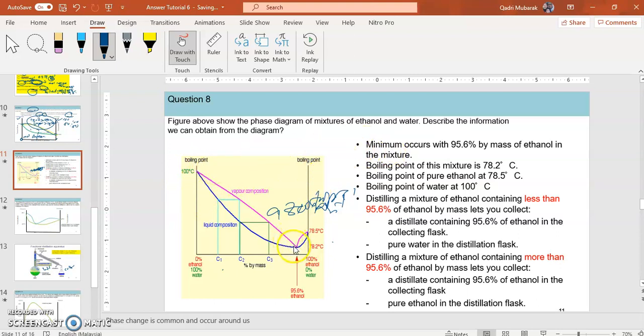The boiling point of this mixture is 78.2, the boiling point of ethanol is 78.5, while the boiling point of water is 100 degrees centigrade. Toward this side is ethanol, and toward this side is the fraction of water.